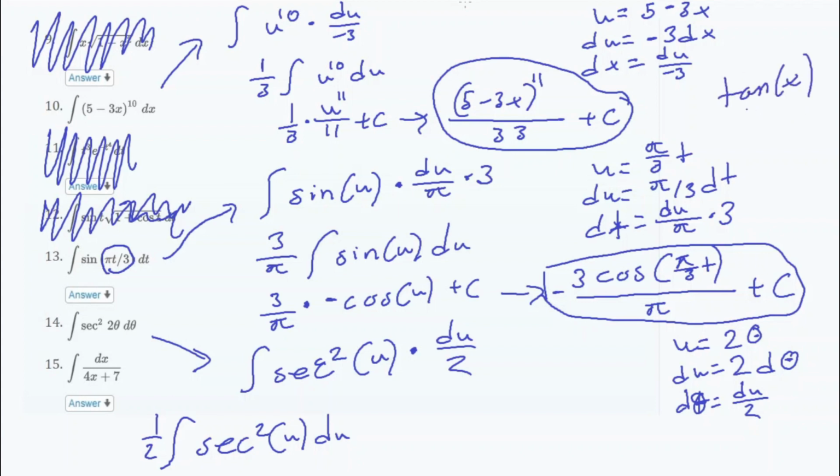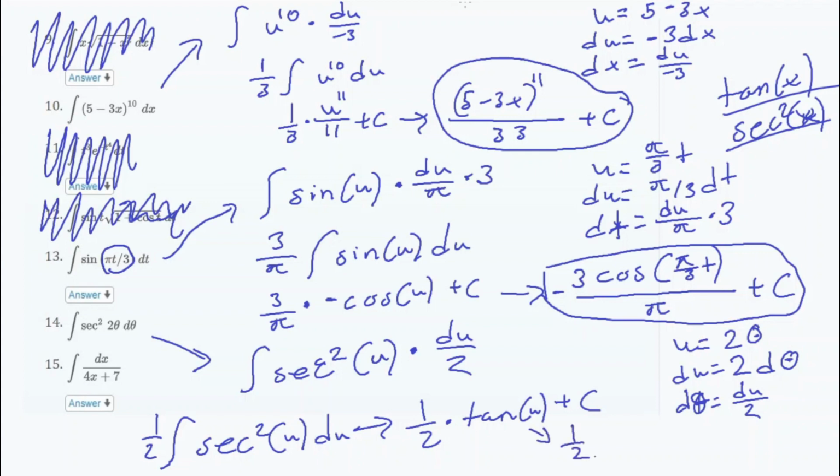Or even tan u? The derivative of tan x, if you remember, is secant squared x. So that means the antiderivative of secant squared x is going to be tan x. So that's what we just do here. So if we find the antiderivative, it's going to be 1/2 multiplied by tan u plus c. And if we plug in for u, we're going to have 1/2 times tan 2 theta plus c. That is going to be our final answer for number 14.